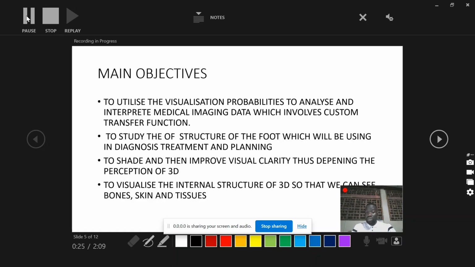We are going to study the structure of the foot, which will be used in diagnosis and treatment planning. We are going to shade and improve the visual clarity depending on the perception of the 3D. And then we are going to visualize the internal structures of the foot, so that we see the bone, the tissue, the bone tissues, and then the skin.